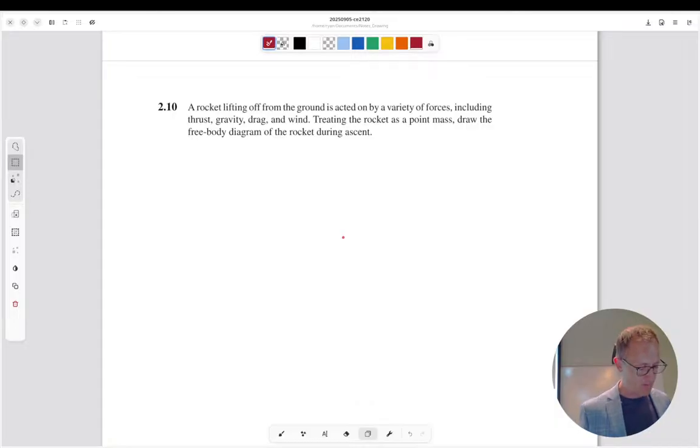Okay, so try it out. We need a point mass. So this whole rocket is just a dot. Not as interesting, so we'll draw it out anyway.